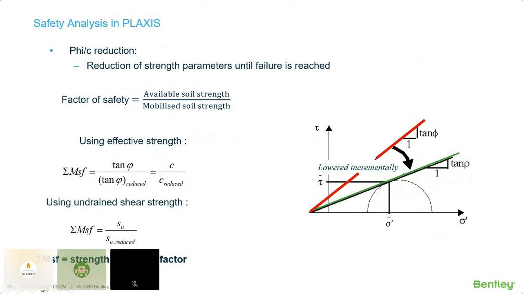The factor of safety is the ratio of the available soil strength to the strength at which the soil fails. In the C-phi reduction method in Plaxis, the slip circle or slip surface is the result of the finite element calculation, unlike the limit equilibrium method, where we have to assume a slip circle for the analysis.